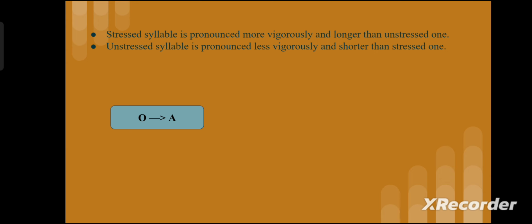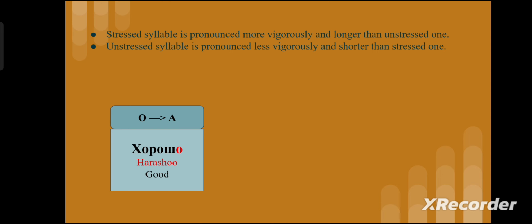Now let's look into some examples and learn some pronunciation hacks. Here, the letter O. As we have discussed in some previous lessons, if the letter O is unstressed, it's pronounced like A. For example, harasho.